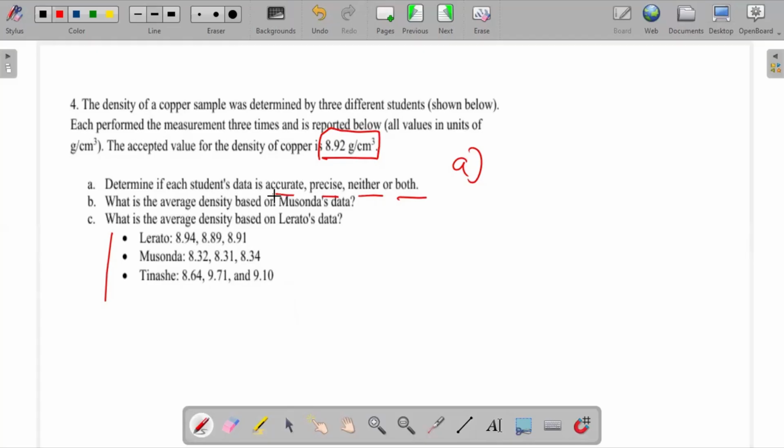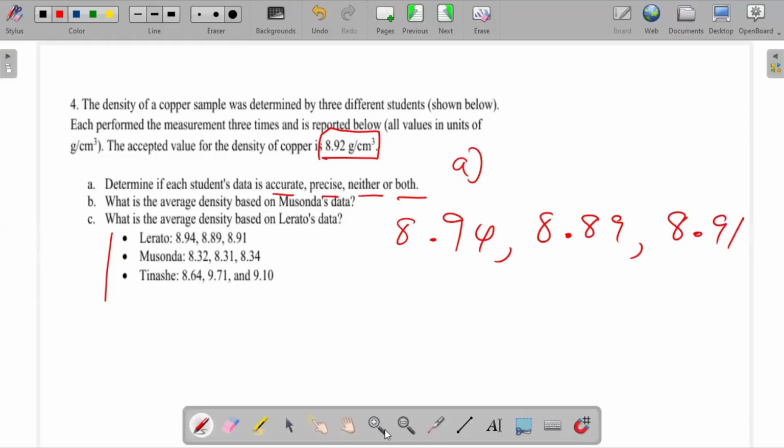So let's check if Lilato is accurate. Then we'll check if it's precise or is neither or is both. Okay. So let's look at the measurements that we've been given for the laptop. So we're having 8.94. Okay, so we're having 8.89. Then we are having 8.91.